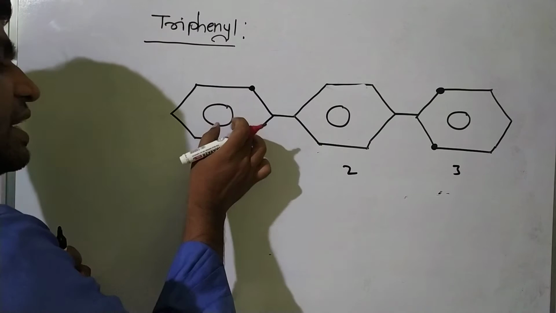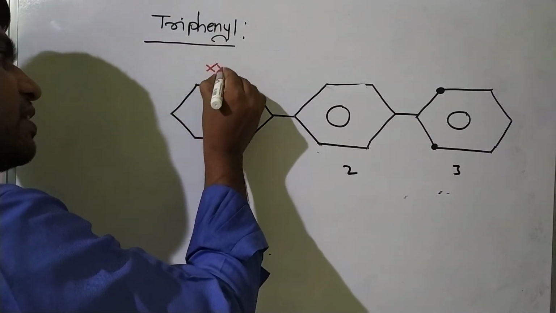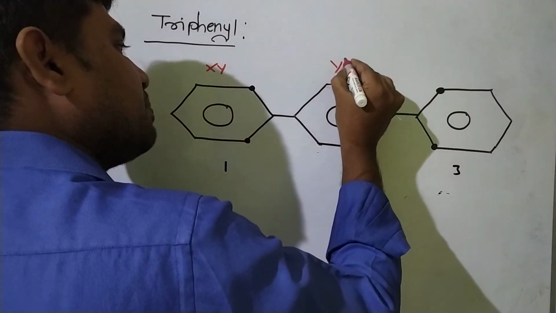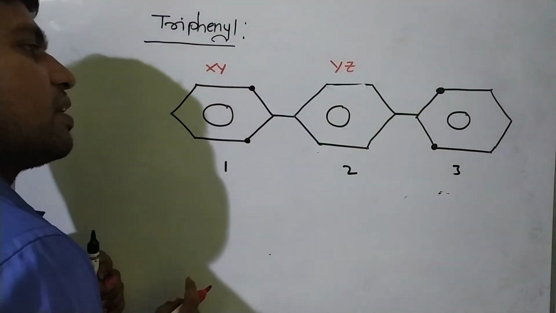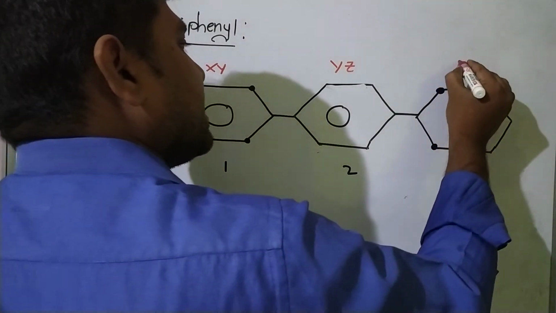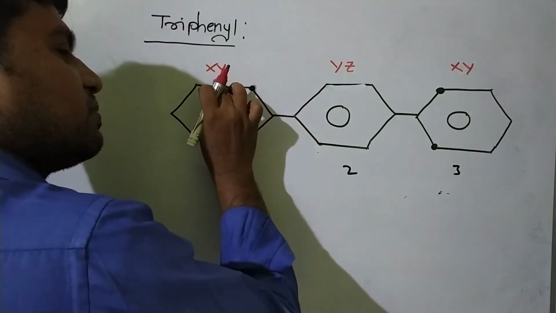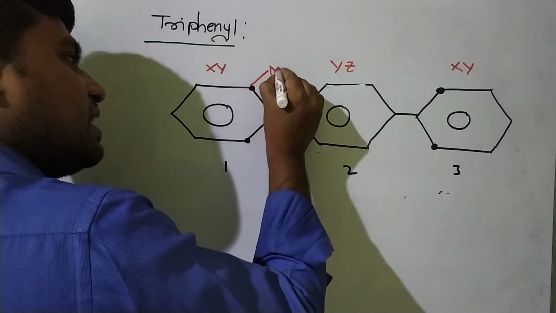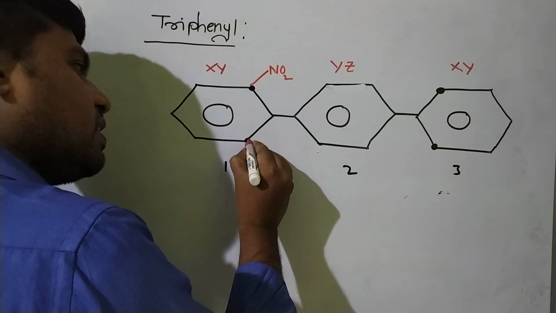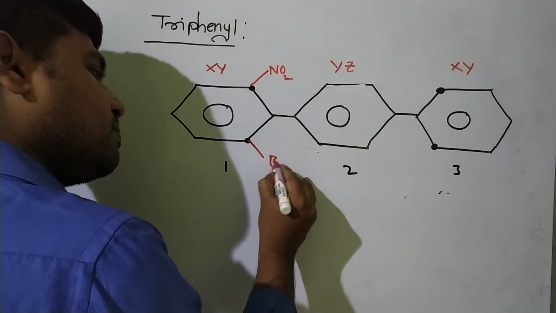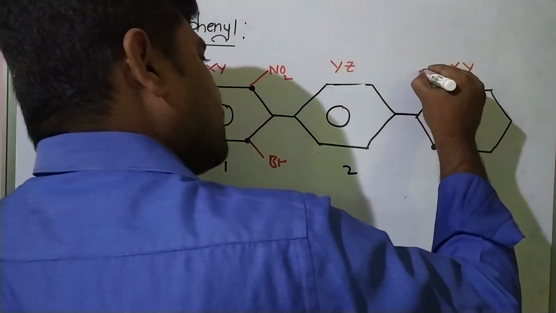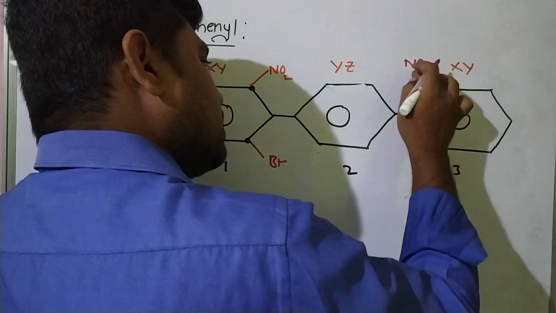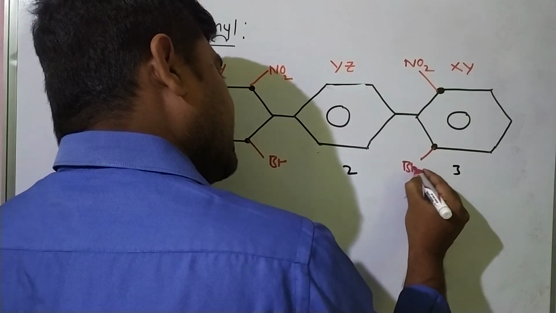Now this ring is present in the xy plane, and this ring in exactly perpendicular plane, the yz plane, while this one is again the xy plane: xy, yz, xy. Now here some bulky groups are there, NO2, here some bromine atoms, so bulky groups like nitro group and bromine atoms.